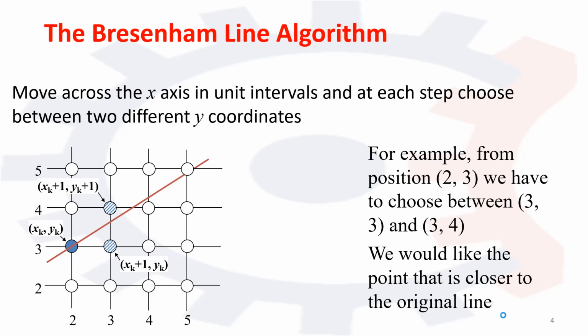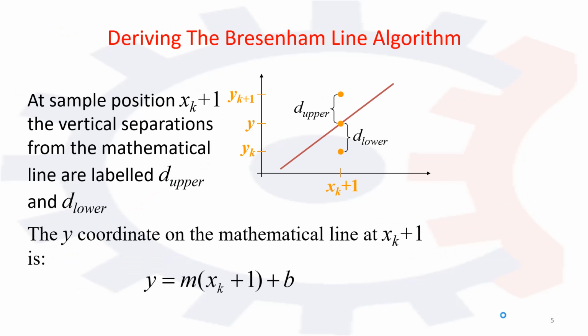That is the pixel we select. So how can we select that pixel for the line? By calculating a decision variable, or by calculating the d upper and d lower values, and according to that we compare the values and find the nearest pixel to the line, where the line is drawn.